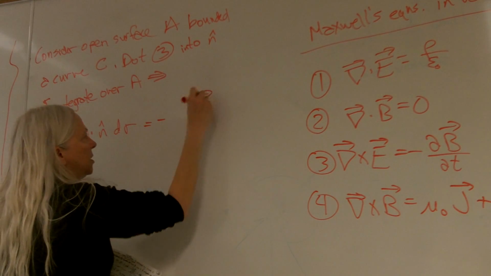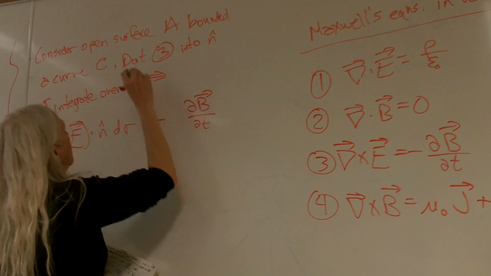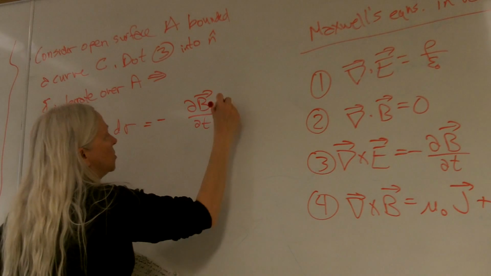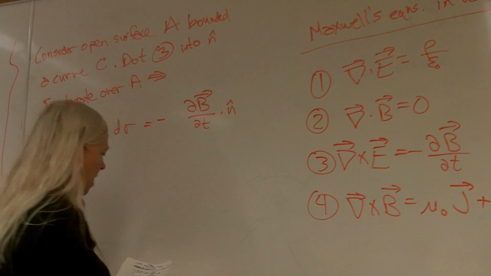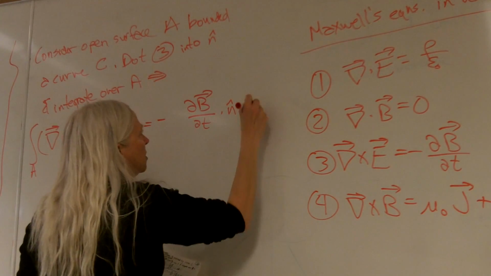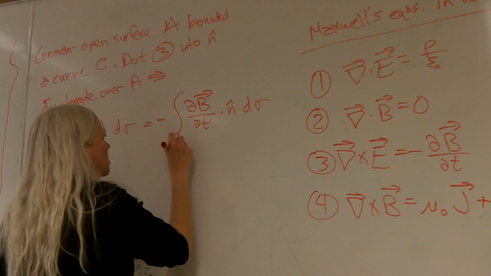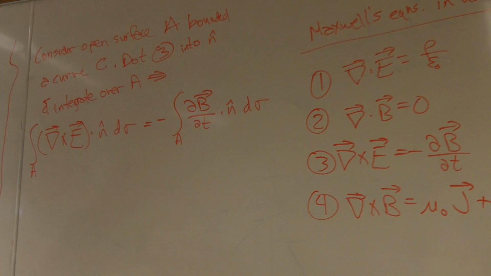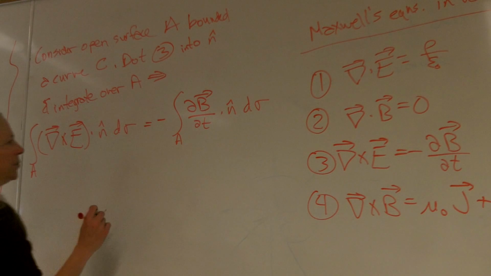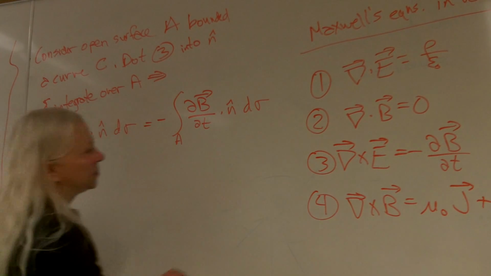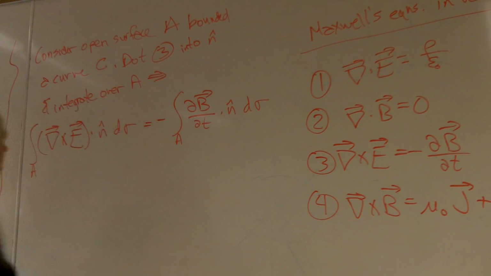We've got dB dt. We're going to do the same thing with that, dot it into n hat, and then integrate over our surface. Should that be a closed integral? No, because it's an open surface, not a closed surface.